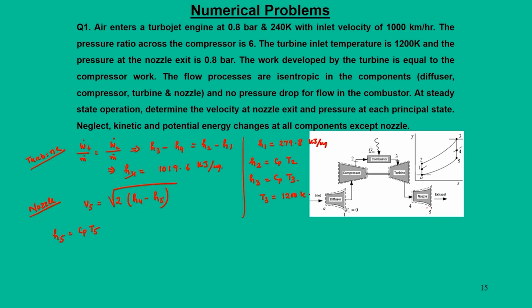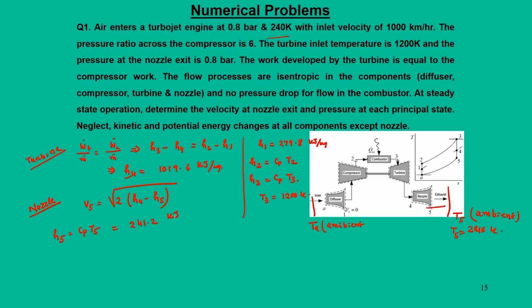T5 and Ta: the exhaust also goes to the atmosphere, so T5 and Ta we can assume to be ambient. Ta is already given as 240 Kelvin, so we can say T5 is approximately 240 Kelvin.